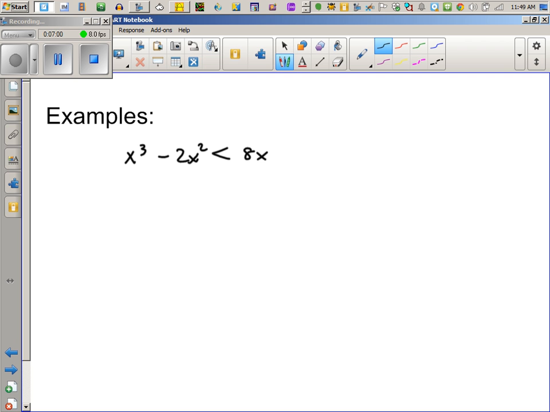Forget that. Bring everything to one side, okay? So that it looks like a y is less than 0 problem. Factor it if you can. This one factors nicely.